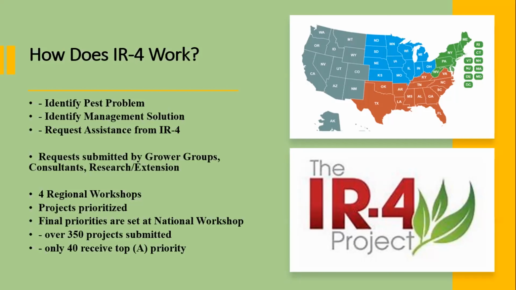All we need to do is get residue testing. By identifying your management solution, you fill out your IR4 request. It's an online application, and you submit the request for whatever product you'd like to run through the IR4 program.